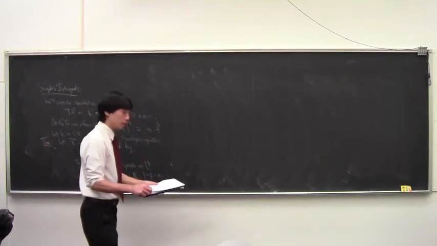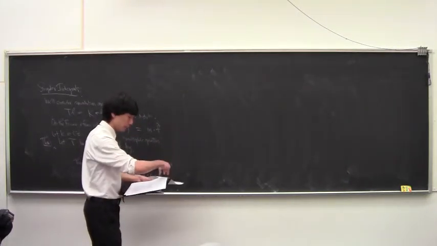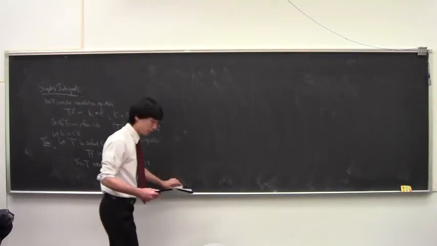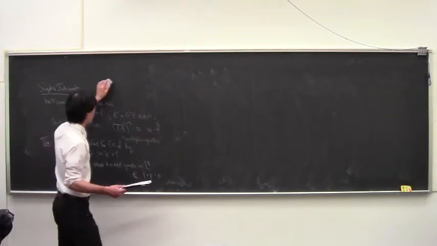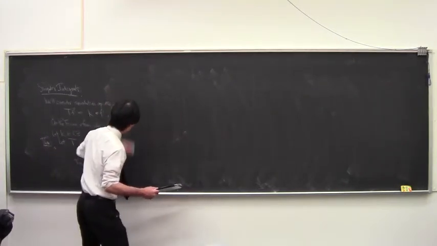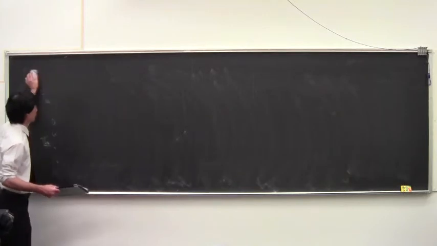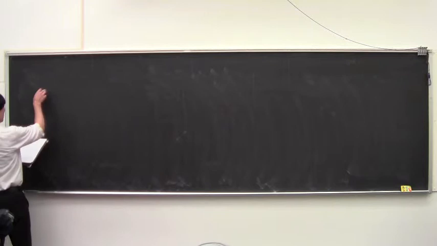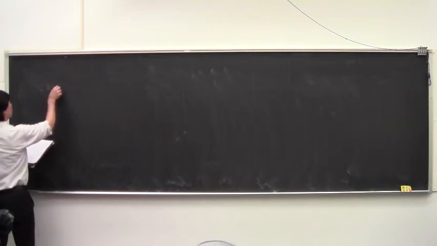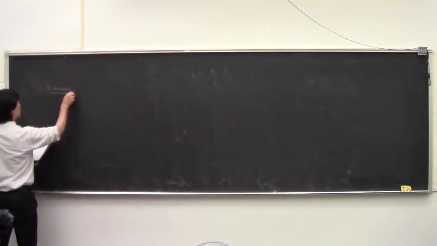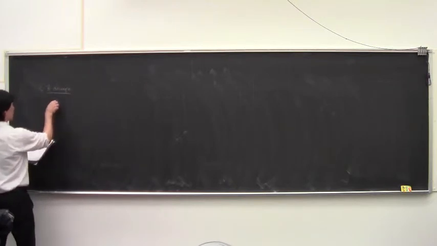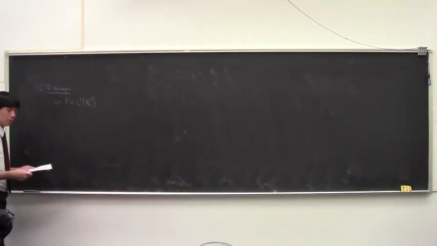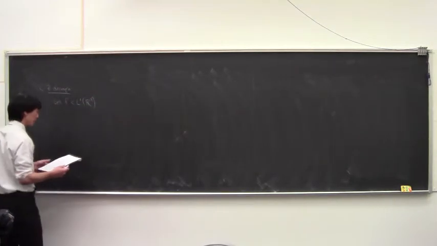To get the weak type inequality, we'll use the Calderon-Zygmund decomposition. It'll be a little bit different from the decomposition we used before. I think this is actually the original one. It describes how T behaves on L1 functions.